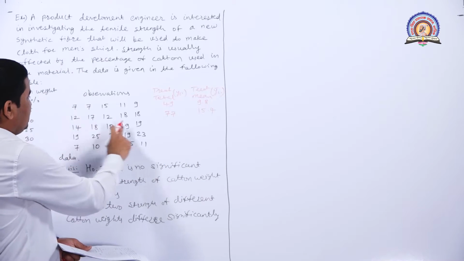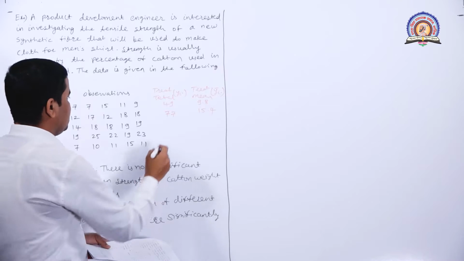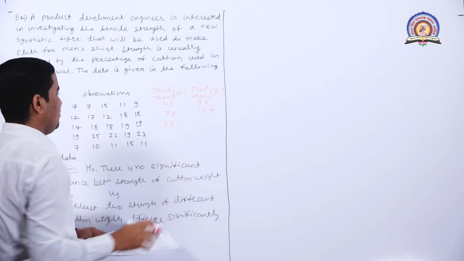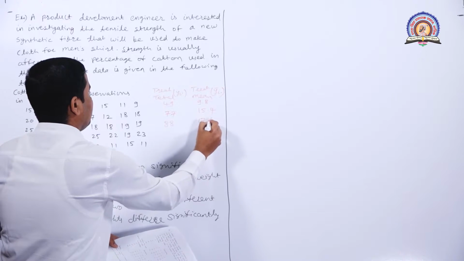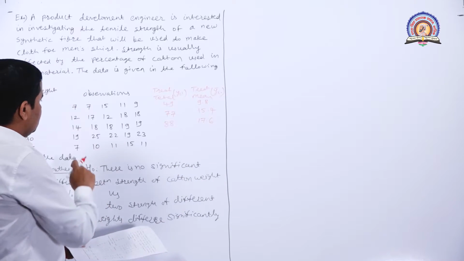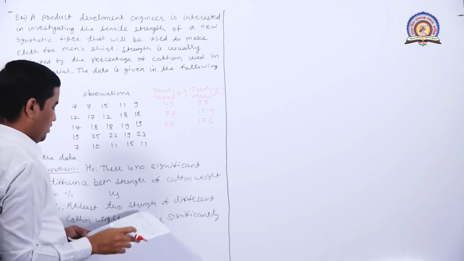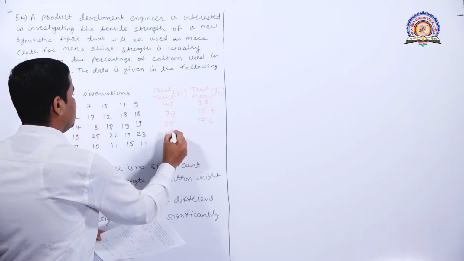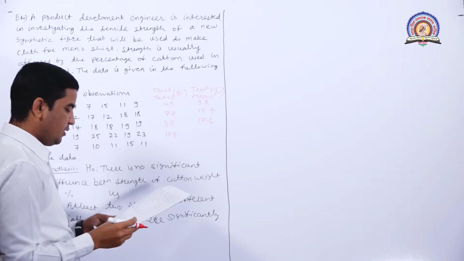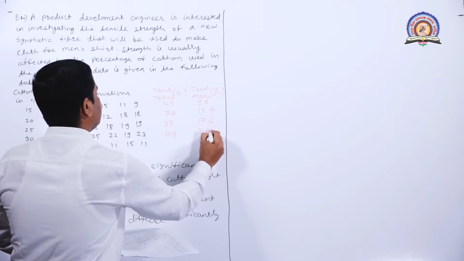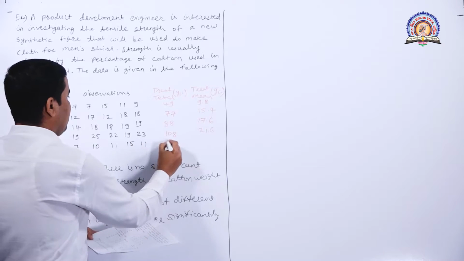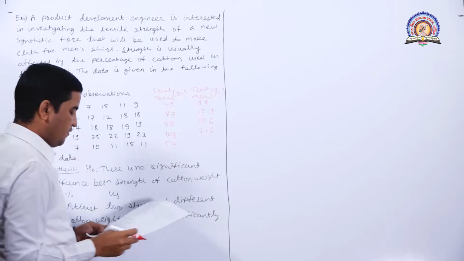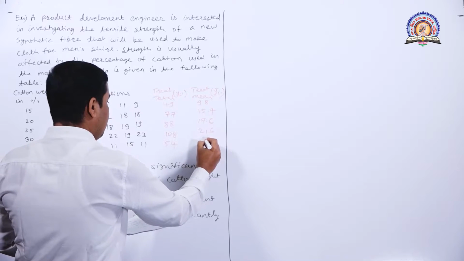Third one, the addition of these 5 observations is 88. You can do this calculation on a calculator, and the mean here will be 17.6. y4 dot will be 108, and its mean, 108 divided by 5, will be 21.6. y5 dot will be 54, and y bar 5 dot will be 10.8.